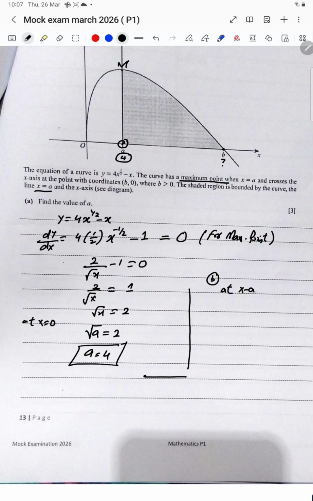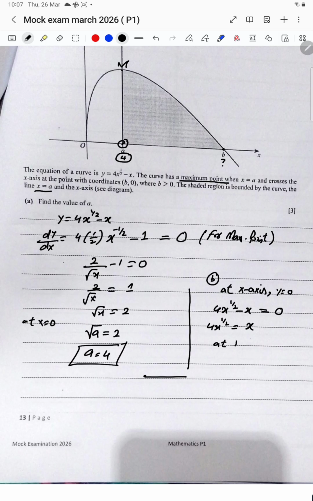At the x-axis, we know y equals 0. So that means 4x power 1/2 minus x equals 0. So 4x power 1/2 equals x.